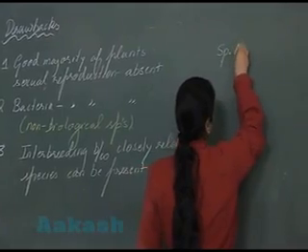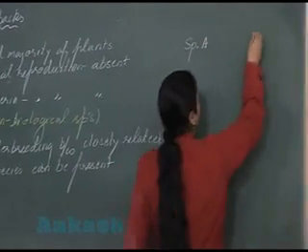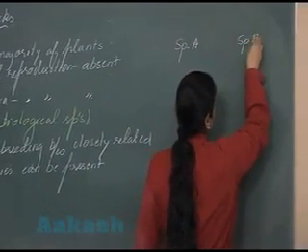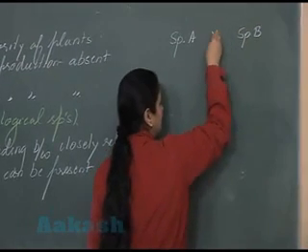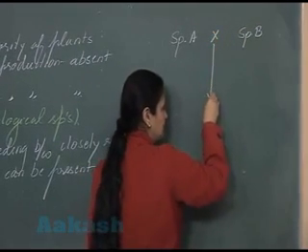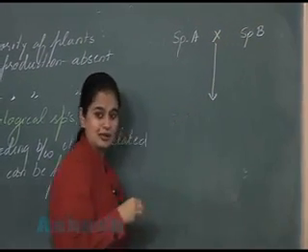Let's say this is species A, this is species B, and between the members of the different species, interbreeding is present.